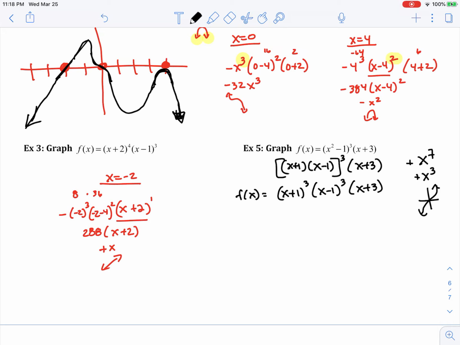As we go off towards a positive infinity, the ends of that graph are going up, the y values are going towards a positive infinity, and as our x's are going towards a negative infinity, our y values are going down towards a negative infinity.